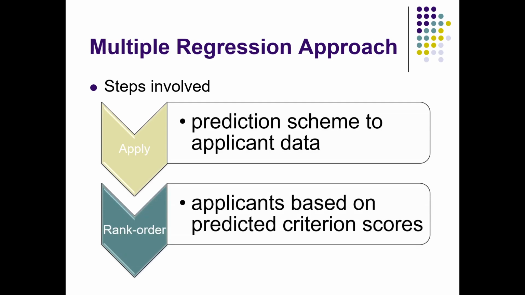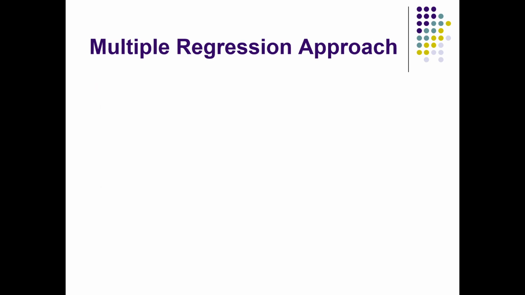And then we're going to rank order our applicants based on their predicted criterion scores, which is the predicted performance on the job. So first we have to develop a strategy, and then we have to figure out a way to rank order our applicants based on that data.